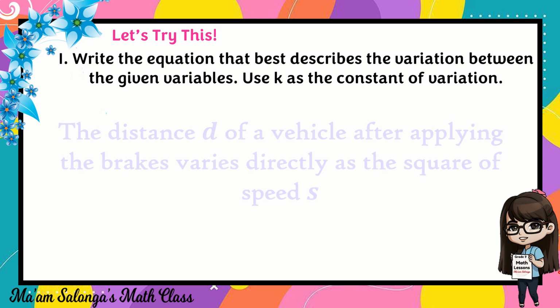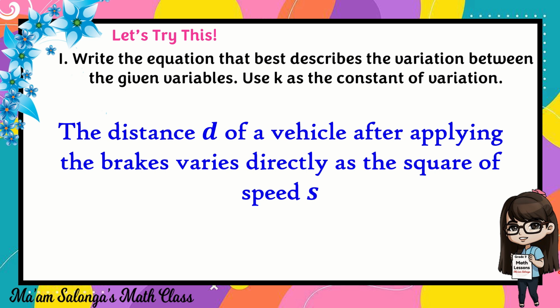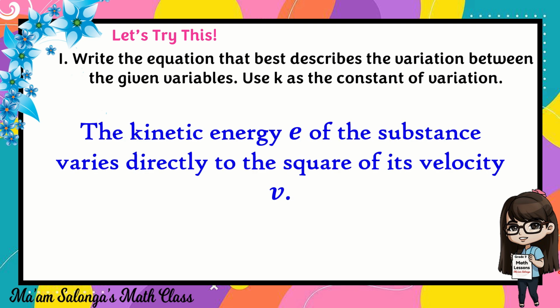Next, the distance of a vehicle after applying the brakes varies directly as the square of speed. So we have d equals ks squared. Next example, the kinetic energy of the substance varies directly to the square of its velocity. So we have E equals kv squared.